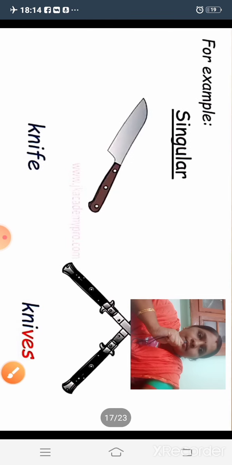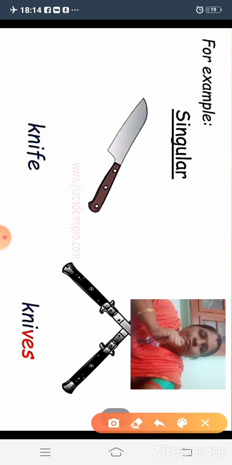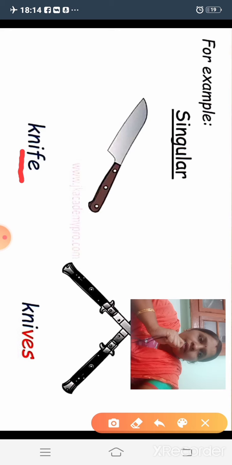Now another example, knife, K-N-I-F-E, that is a word that ends with the letters F-E. So here also we can add VES to change it into plural form. So that is another rule, rule number 4, that is words that end with the letters F or FE. We have to add VES at the end to make it into plural form.